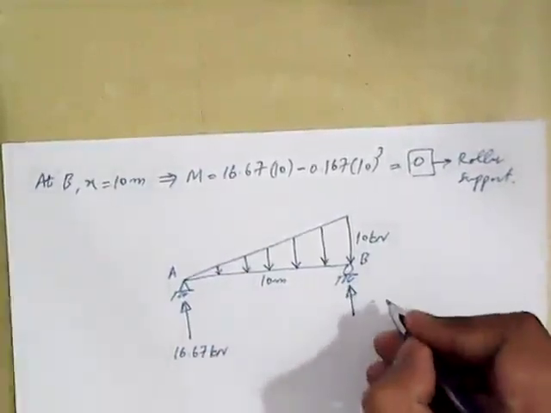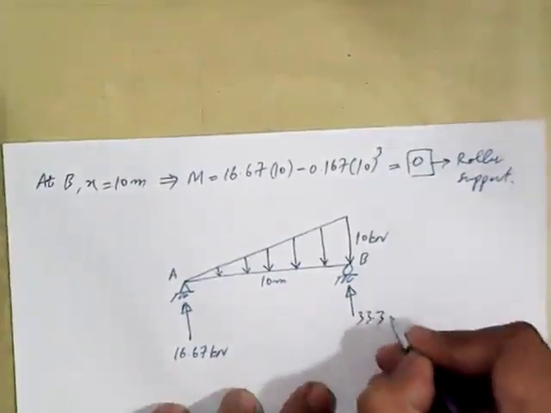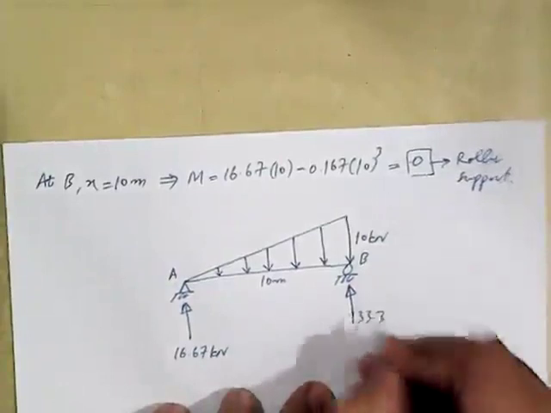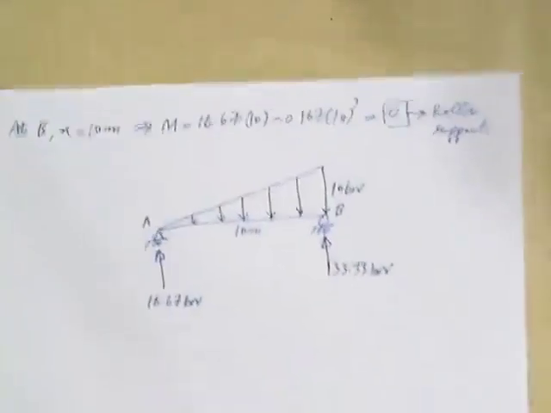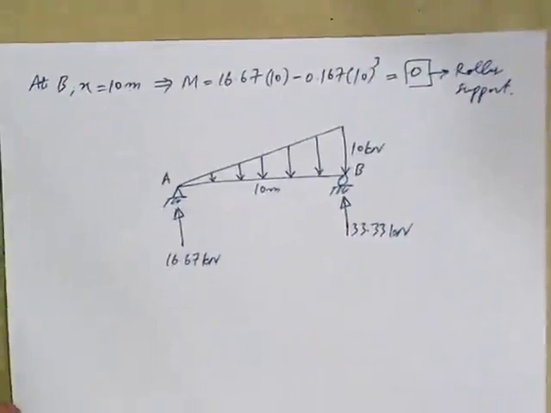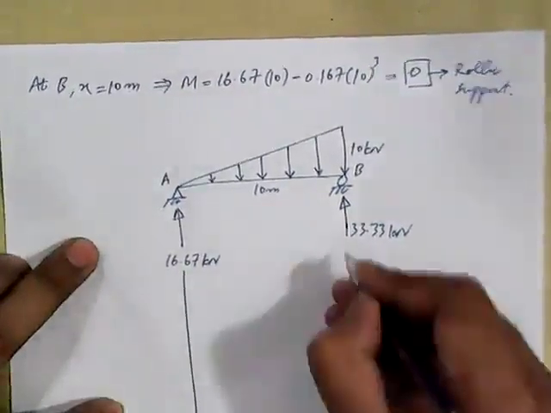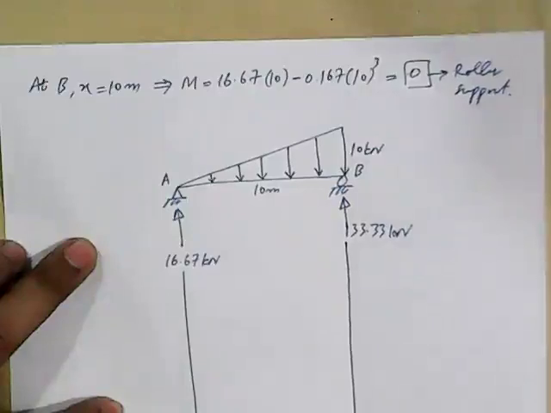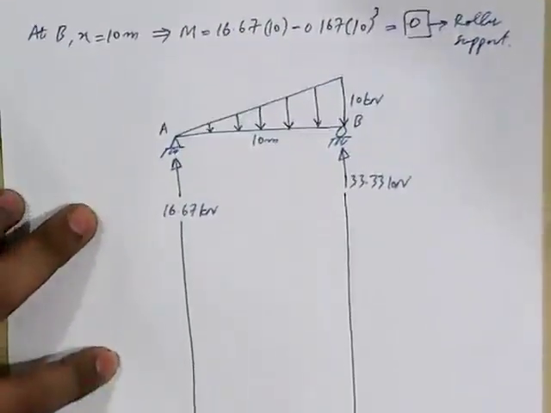And how much is RB? It is 33.33 kilonewton. And now we want to plot shear force diagram and bending moment diagram. So let me draw the guidelines. Here are the guidelines for SFD and BMD.